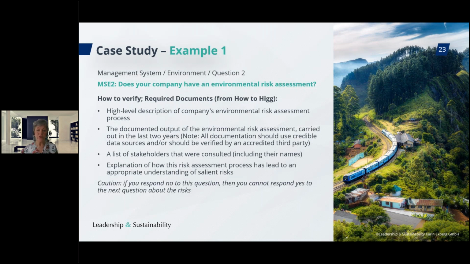So it's not enough to say, okay, I skipped the assessment and I already know that water and energy are the most important for me, so I will just respond to that. That is not enough. You actually need to respond yes to question number 2 first.